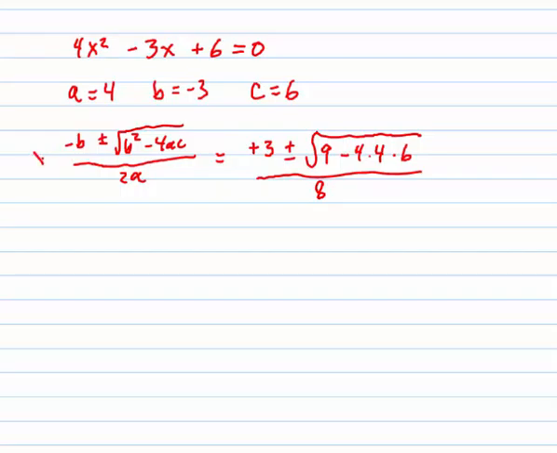Okay, so our x values are equal to this stuff. Alright, so x is equal to 3 plus or minus, well, what do we have here? We have 9 minus 4 times 4 times 6, so, okay, we have the square root of 9 minus 96, all over 8.